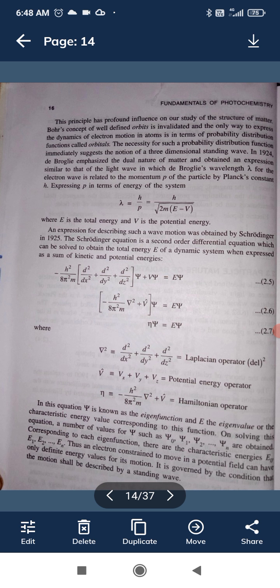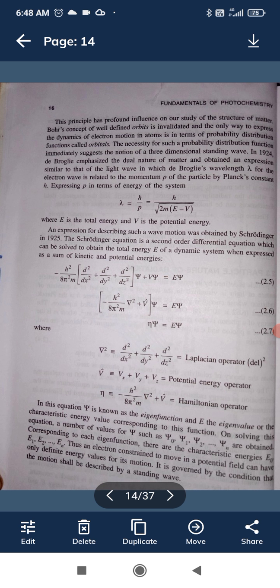As we know, this is the common Schrödinger wave equation: −(h²/8π²m)∇²ψ + Vψ = Eψ.